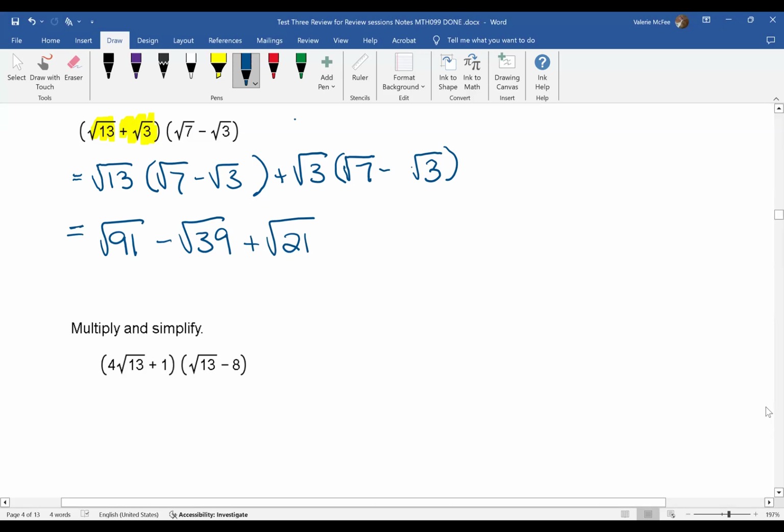Because these were all prime numbers, I just went ahead and multiplied root 13 times root 7, root 13 times minus root 3, root 3 times root 7.